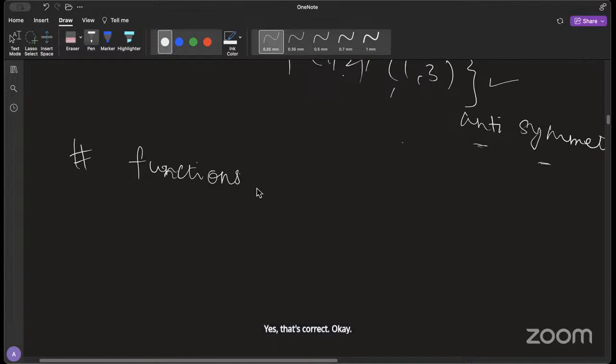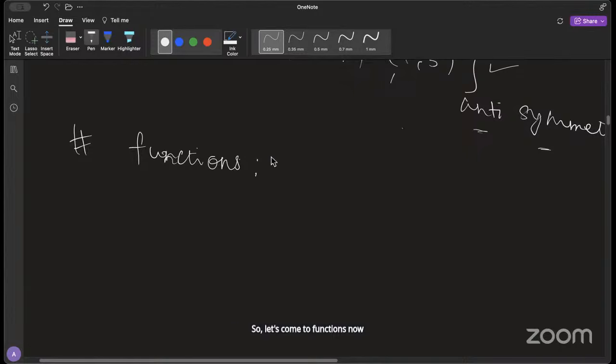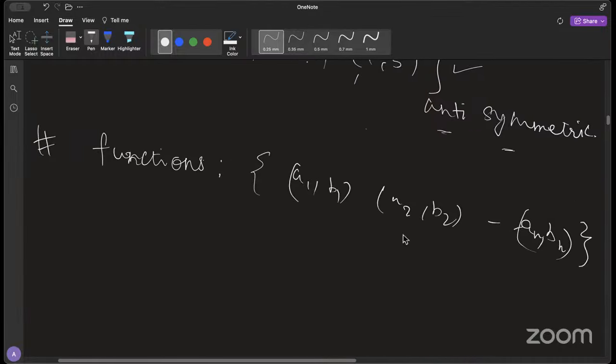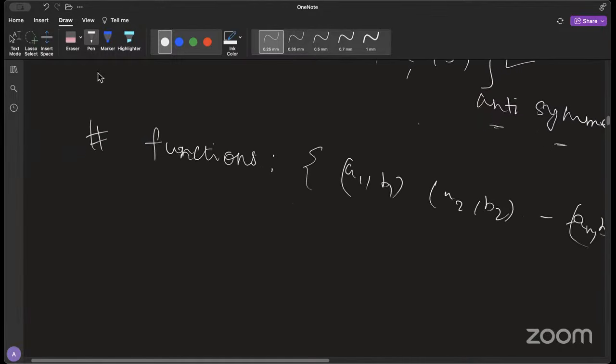Okay, so let's come to functions now. Functions are basically a type of relations, special type of relations. Let's say you have (A1, B1), (A2, B2), these types of elements.